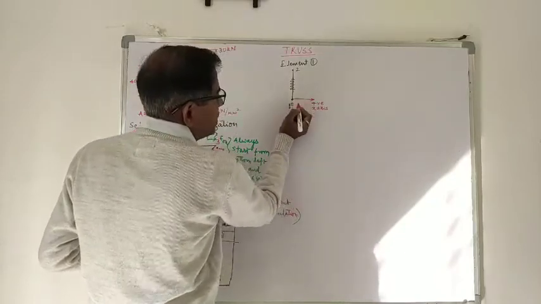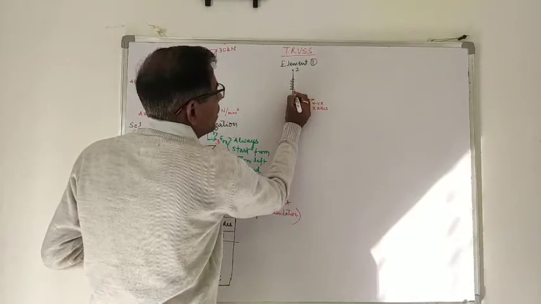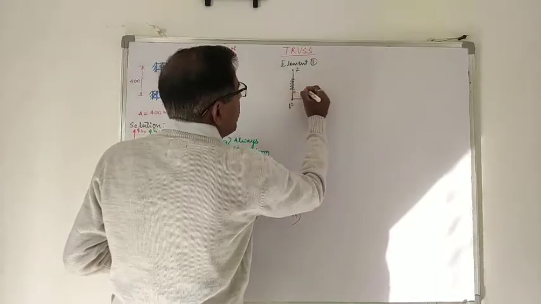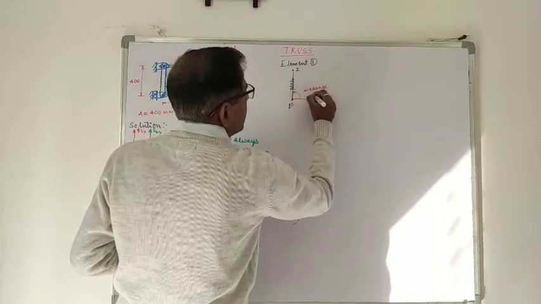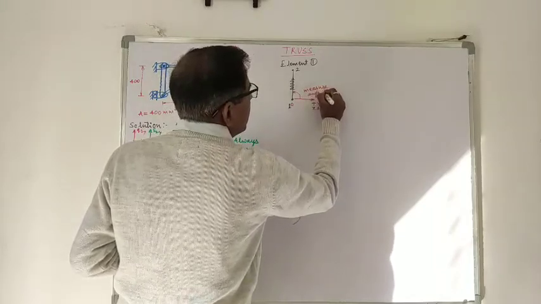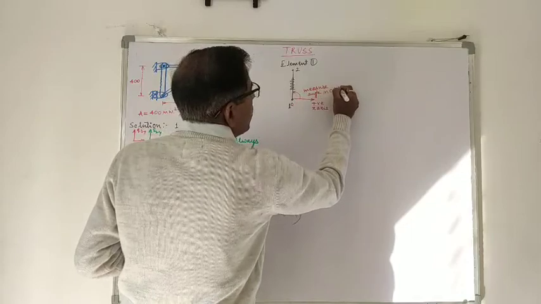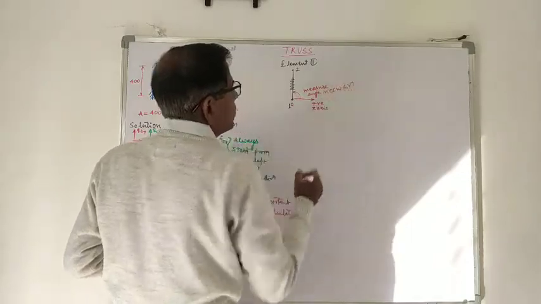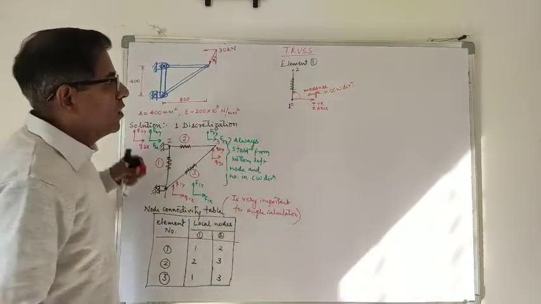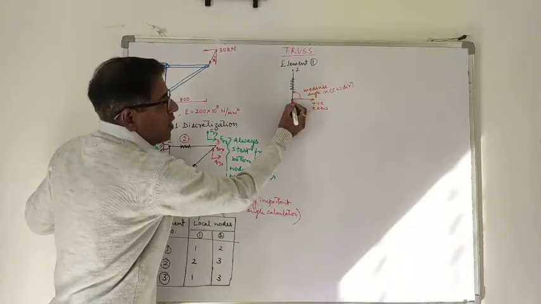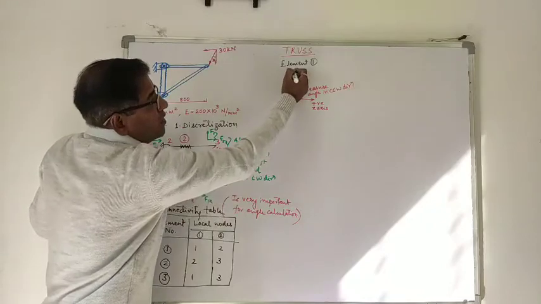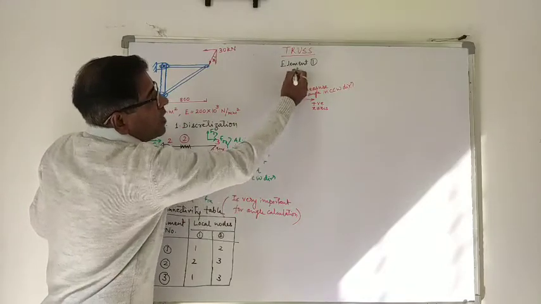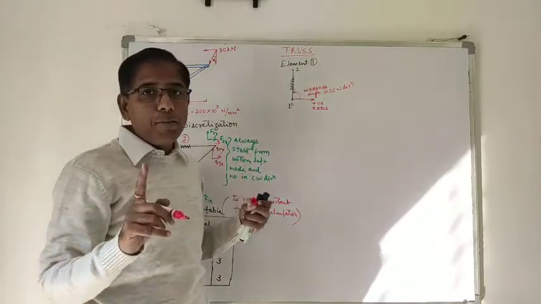and always measure the angle in anti-clockwise direction. So measure the angle in counterclockwise direction. What did I do? I chose the first local node. I have not measured the inclination of this element at node number 2. Why?